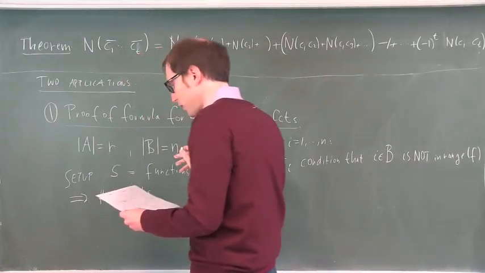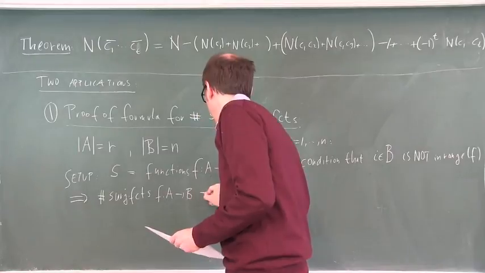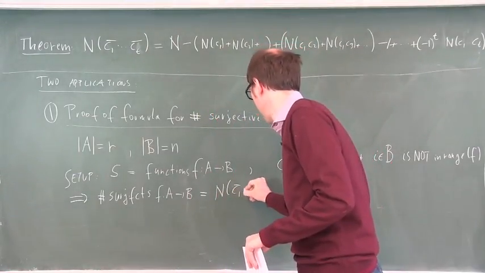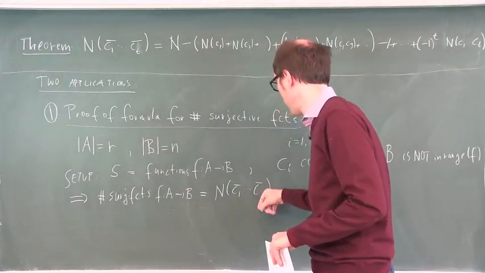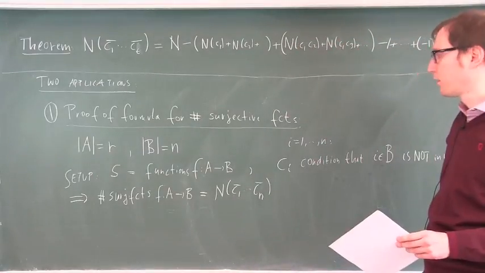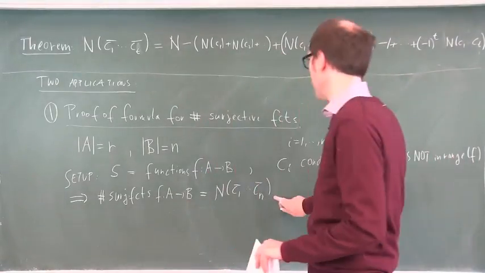The number of surjective functions from A to B is now equal to this number here, where the t is now n. Okay? So let's compute this.